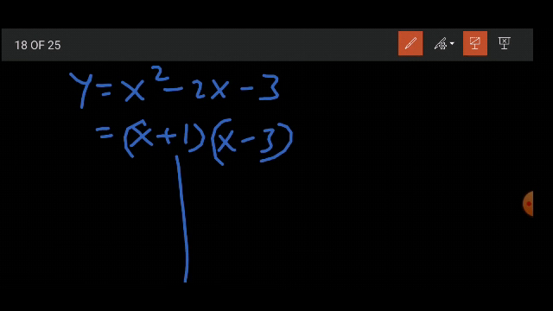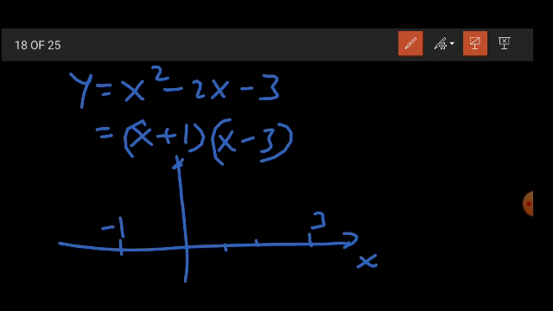So let's draw the graph over here first. This is somewhere minus 1 and somewhere here that is 3. So the graph goes this way. At x equal to 0, the result is minus 3. So we need more space for this.